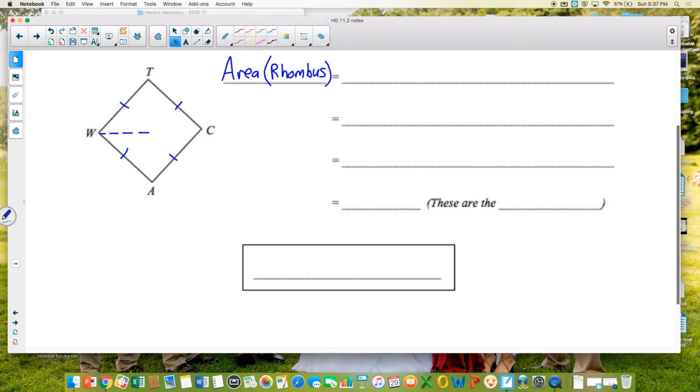We can draw one through the middle horizontally. And from right here, we know the area of this rhombus is going to be the area of triangle WTC plus the area of triangle WAC.